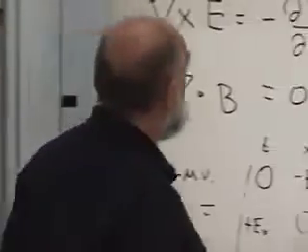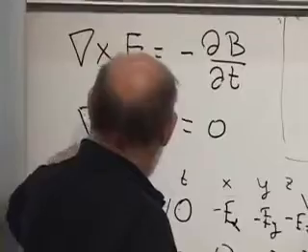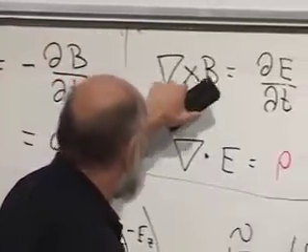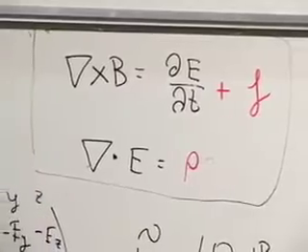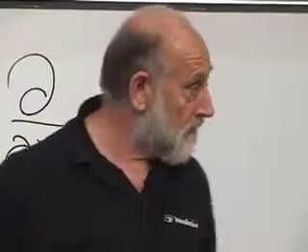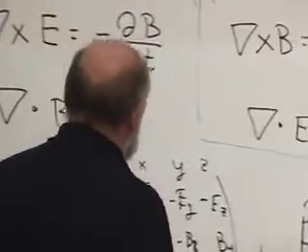The point is that if you went through the entire labor of doing the Lorentz transformations on the coordinates and on the components of E and B, you would find that after the Lorentz transformation, the equation was exactly the same. Okay. What about the other half of the Maxwell equations?